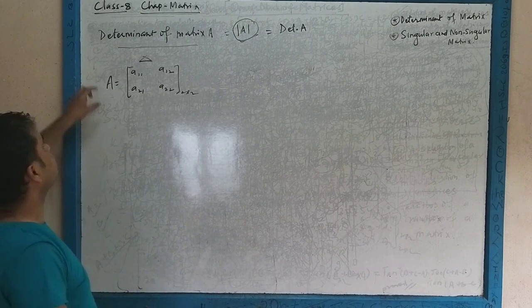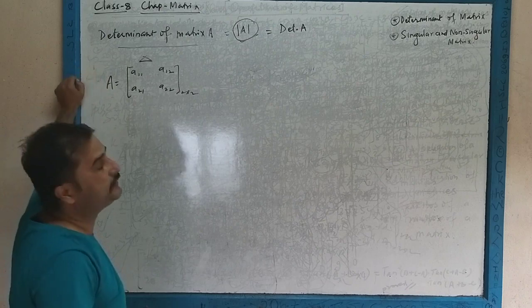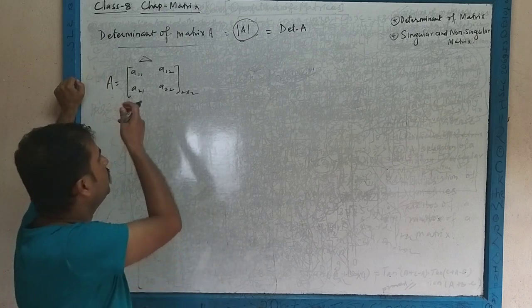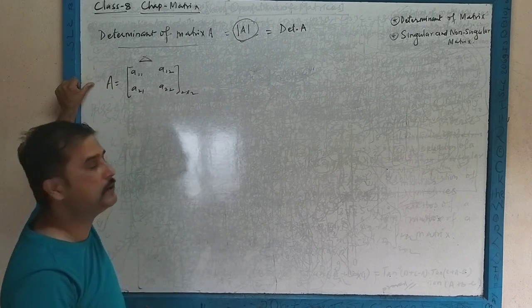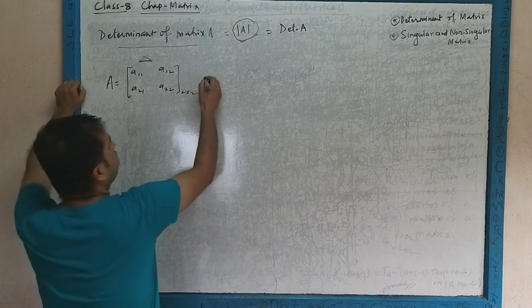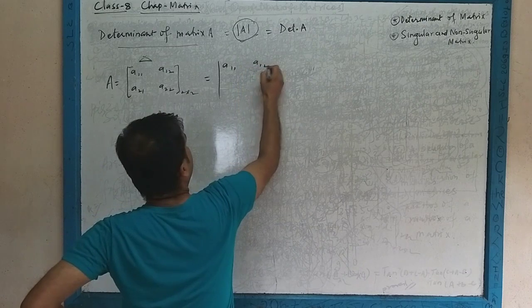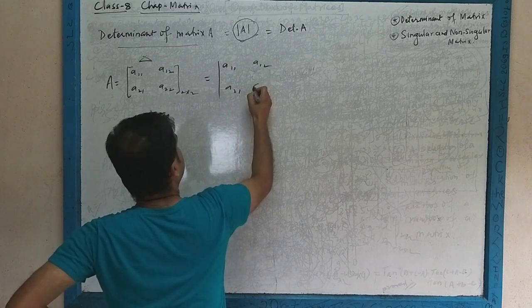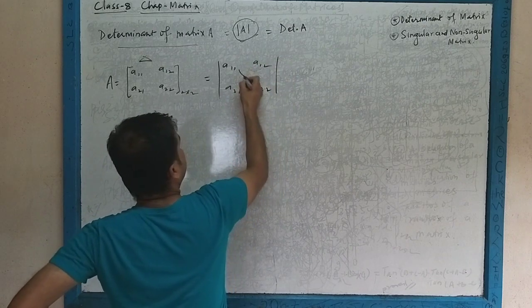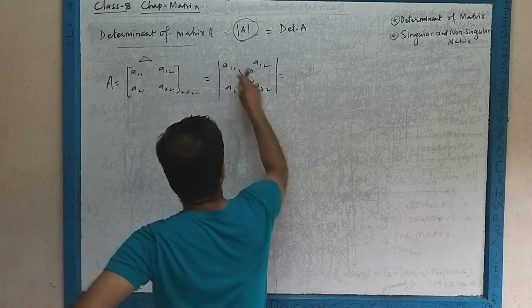Here we are finding the determinant of matrix A. How do you find? A11, A12, A21, A22. Just cross multiply.